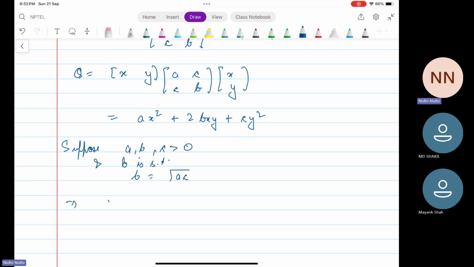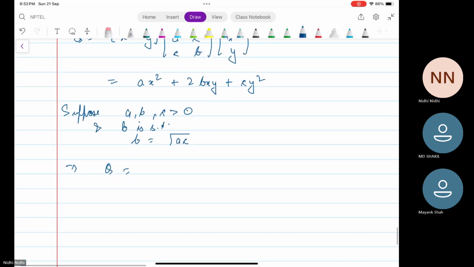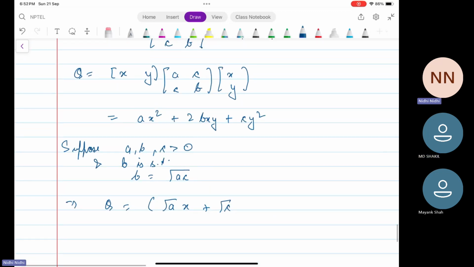So in that case, this Q will be the square of root A X plus root C Y, so this should be 2 root AC XY, and this will be BY square.